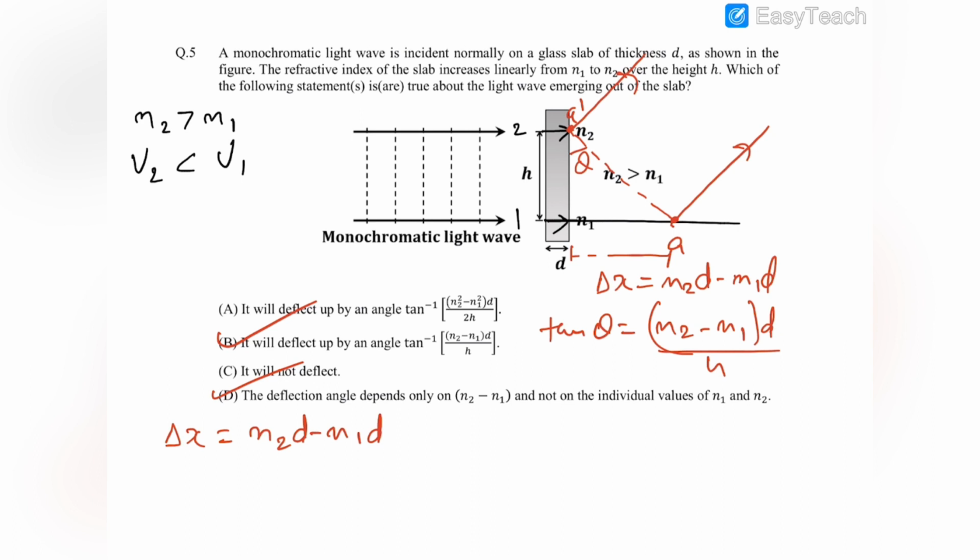So the correct answer is B and D. Now we move on to the next question.